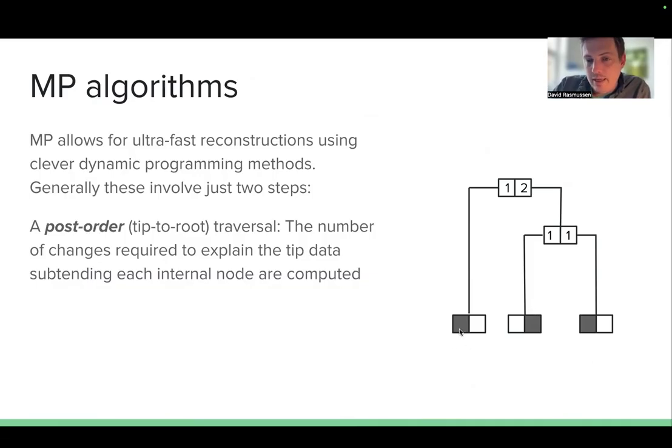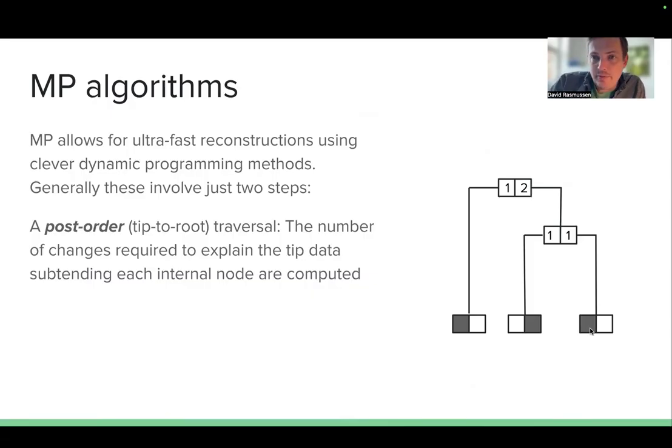So here, I've colored the tree corresponding to whether each tip is in one of two possible states. State 0 is on the left here, and state 1 is on the right.